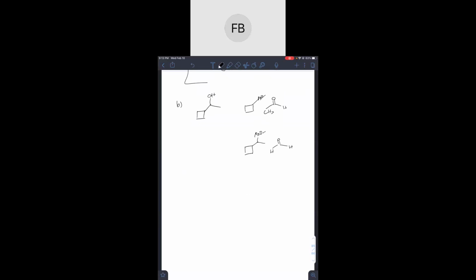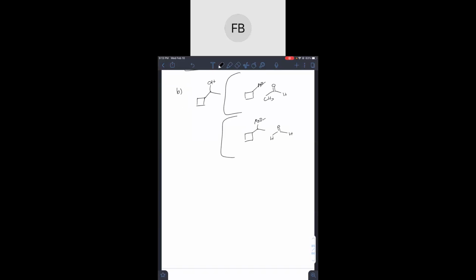But it could have come from an ester. No, actually, never mind. It could have been a diester, but then it would be two different Grignard reagents. For example, if there was a CH3O connected to the carbon that had the ketone on it, that's also connected to an O and then another CH3.